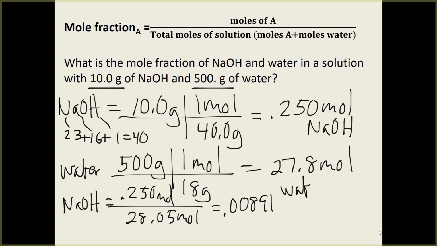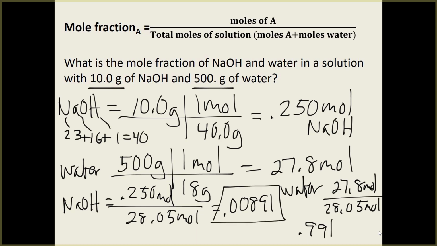So for my water, I'm going to have the 27.8 on top, and on the bottom, the 28.05. And I get 0.991. So for the NaOH, just a really, really small fraction, and for the water, that's what most of the solution is.